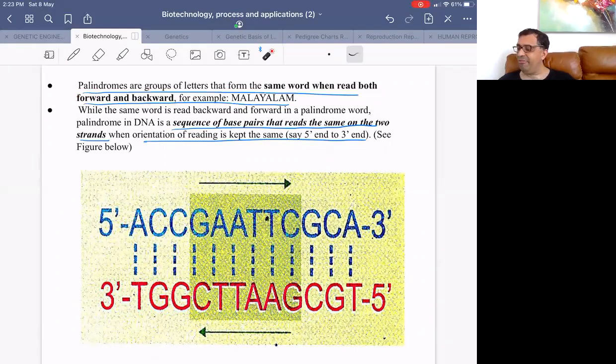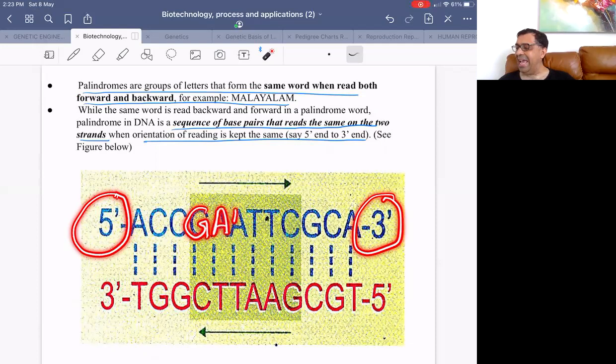You have a 5' to 3' sequence called GAATTC.